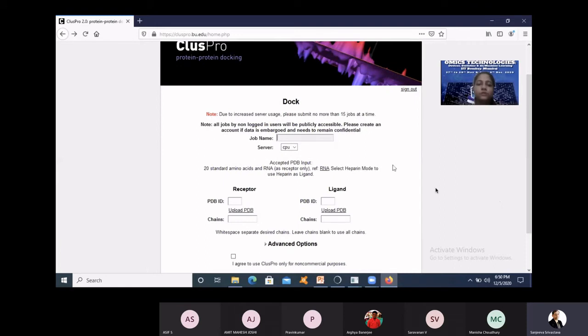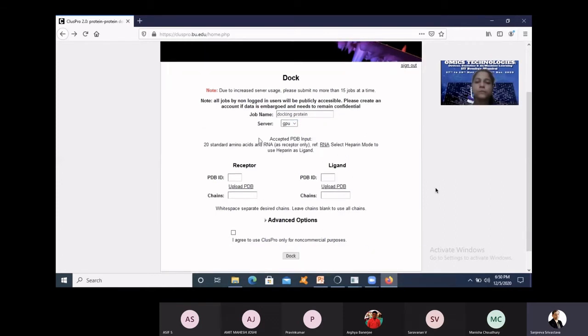What we'll do is give a job name here. Let us just call it docking protein. And we'll make this GPU so that it is done faster.